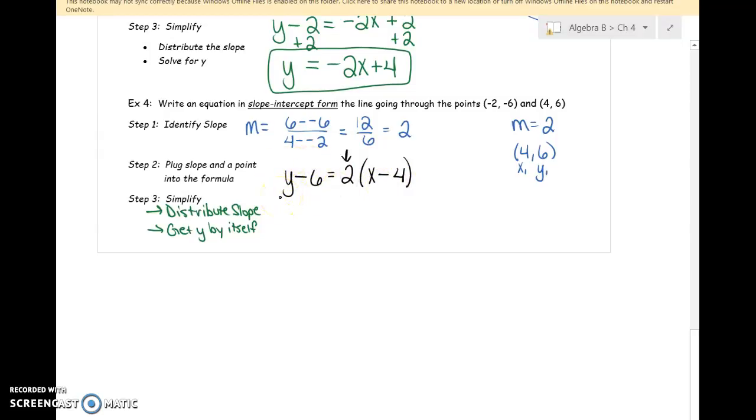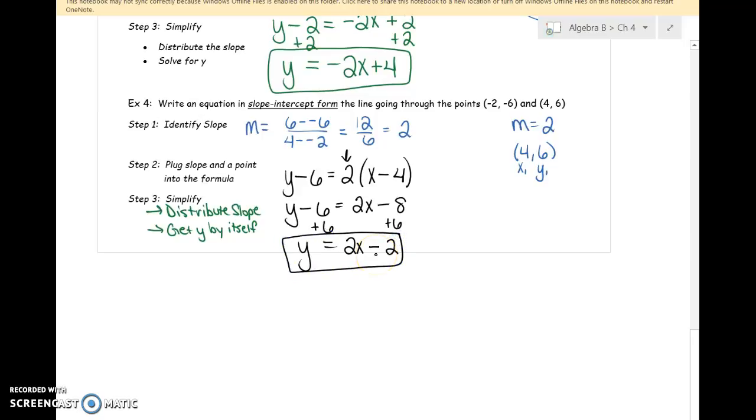Okay, distribute your slope. That would give us y minus 6 equals 2x minus 8. Then add 6. Make sure you don't add that 6 until after you have distributed. y equals 2x minus 2.